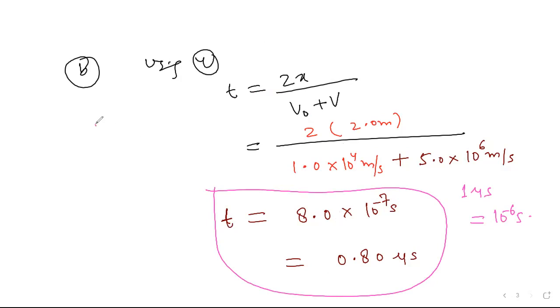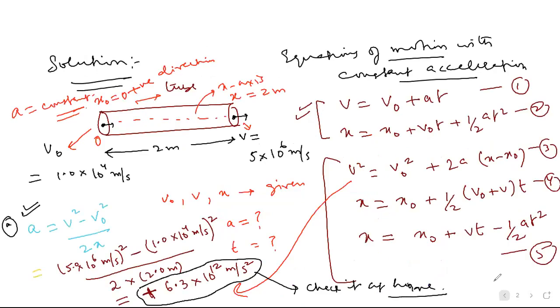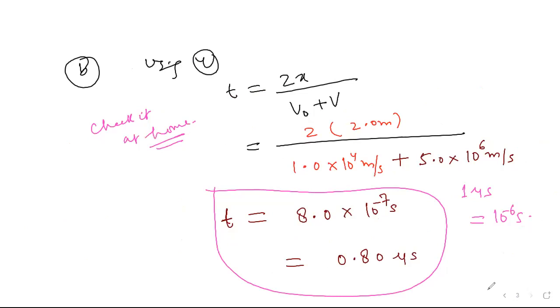So as always, you have to check it at home. You have to check the calculation whether this number is wrong or right. You can see this time is very small. So this alpha particle is getting huge acceleration in this tube in very small time, 0.8 microsecond, right?